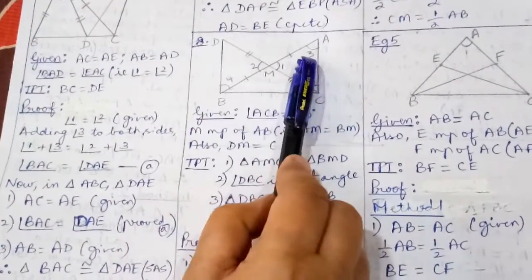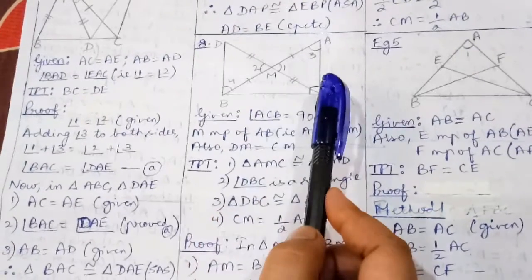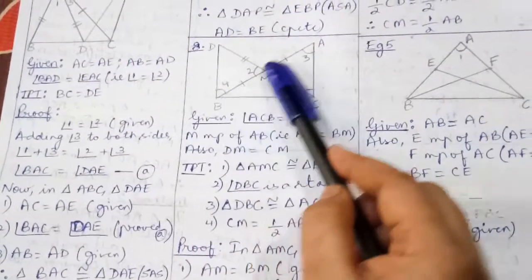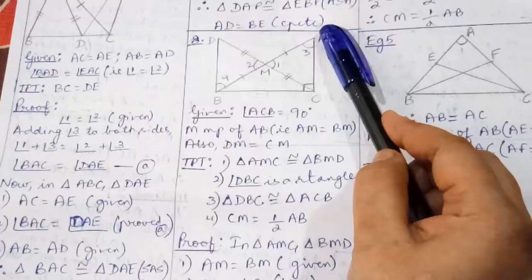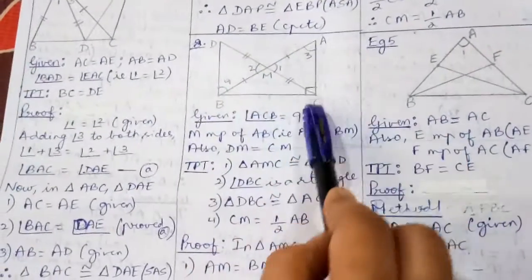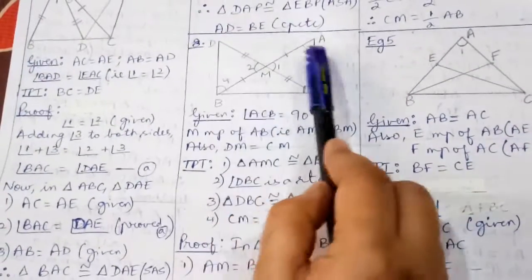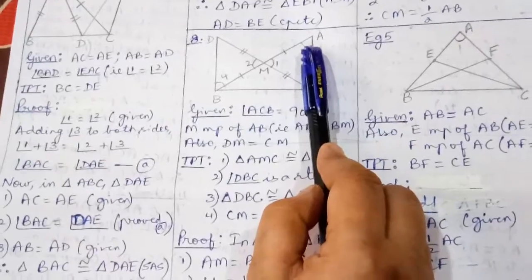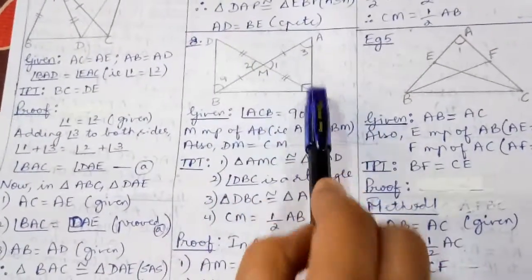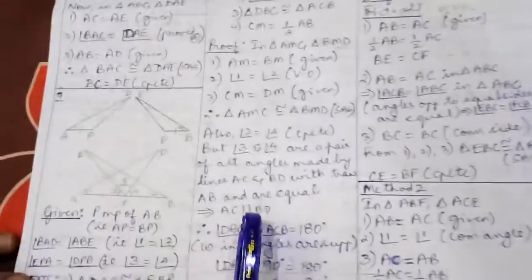But these two equal angles form a pair of alternate interior angles made by the transversal AB with the lines DB and AC. And since the alternate angles formed are equal, the lines are parallel to one another, which means DB is parallel to AC, or AC is parallel to DB.